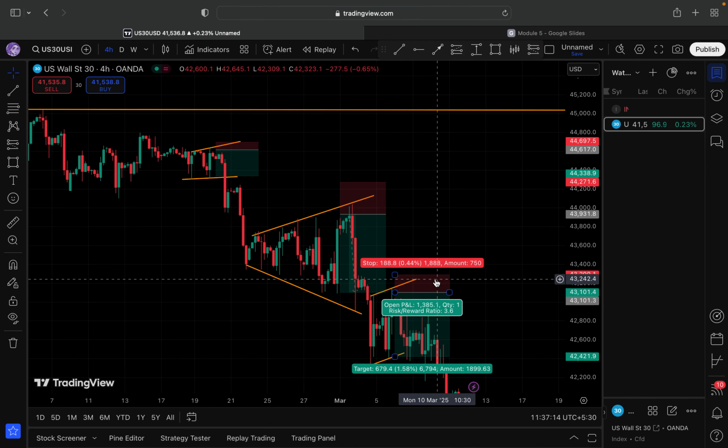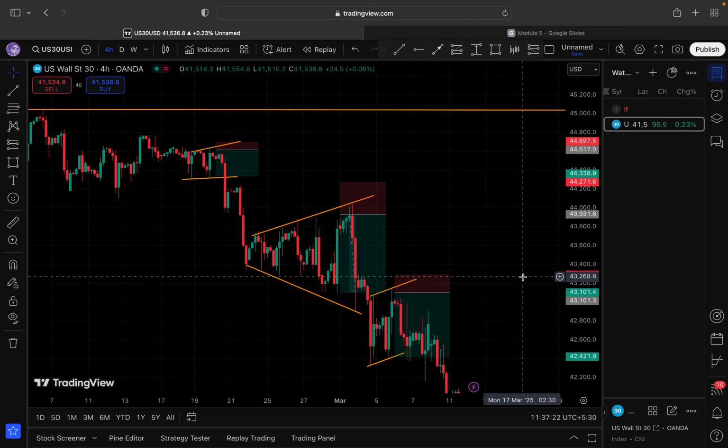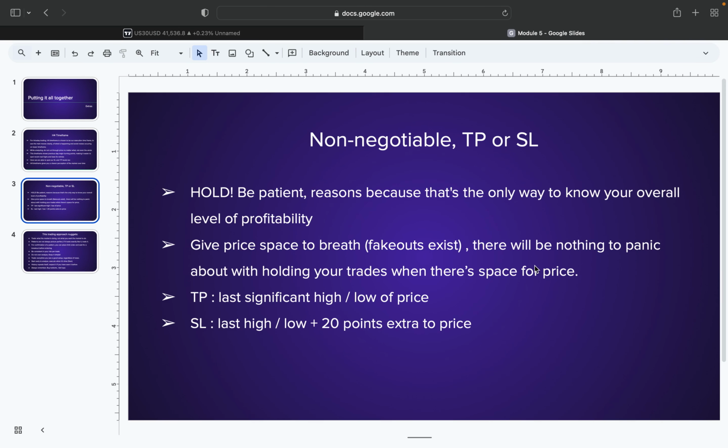And if you observe this, by adding extra 20 points in case price goes to test that place again, you're not taken out of the market. By doing this, you're giving price space to breathe. And the reason also is that fake outs exist.